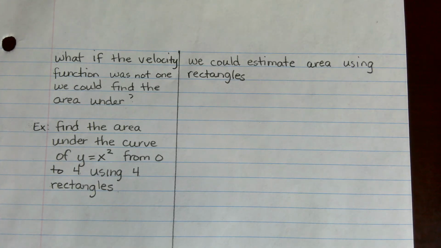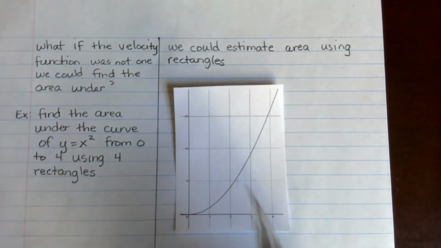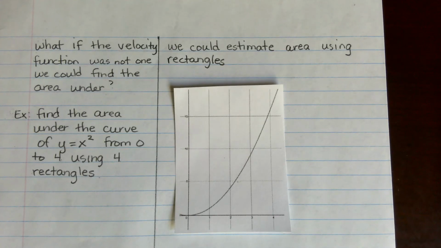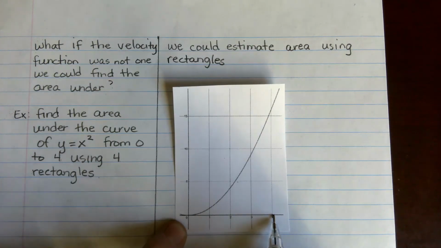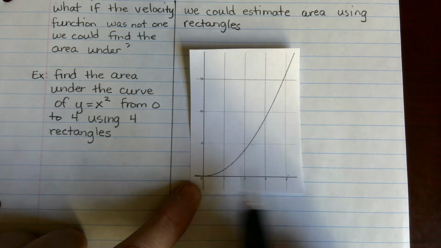So you want to grab one of these graphs right here. This is the graph of y equals x squared, and we want to know what is the area from 0 to 4. We're going to use 4 rectangles. Now, a problem that we have is, what kind of rectangles, where should we put these rectangles?